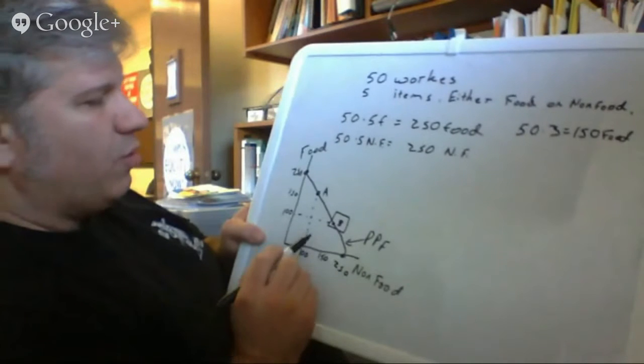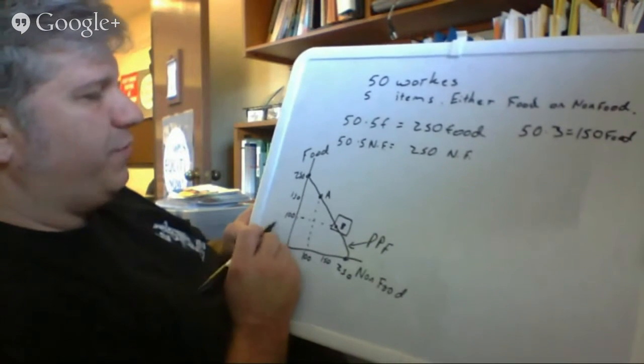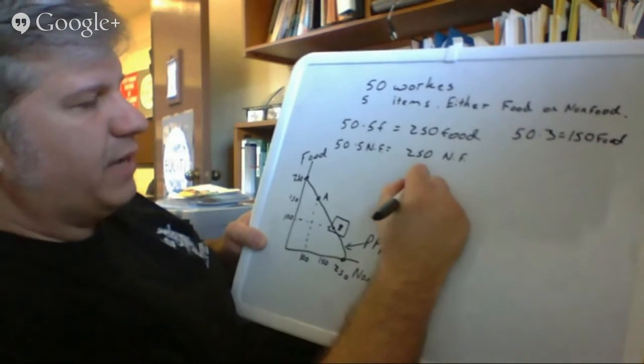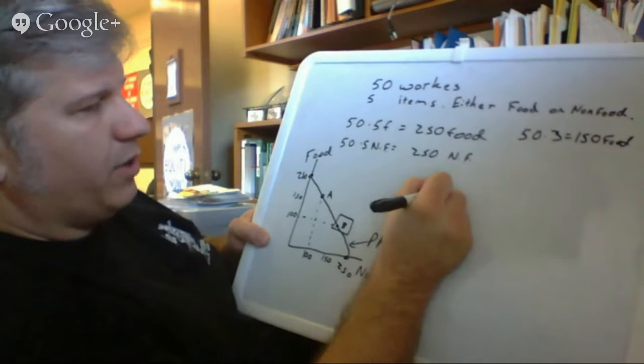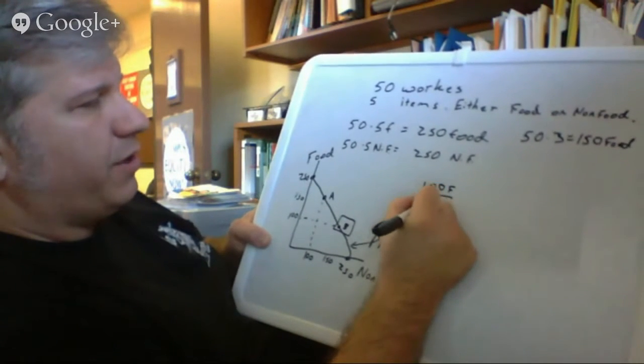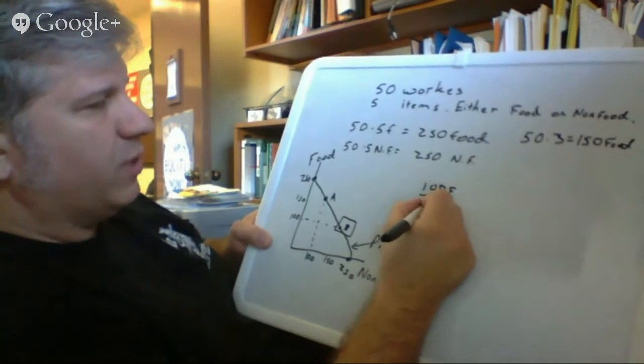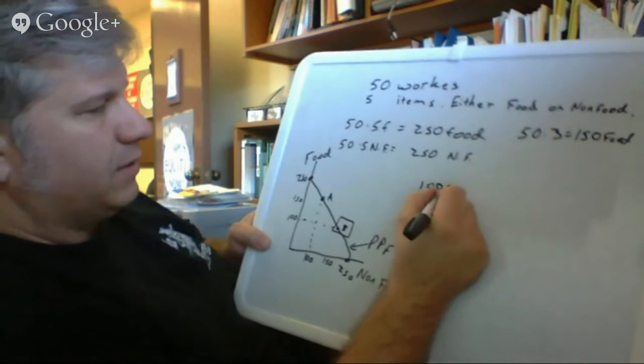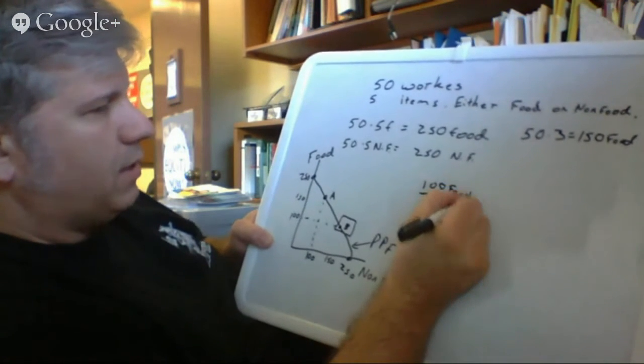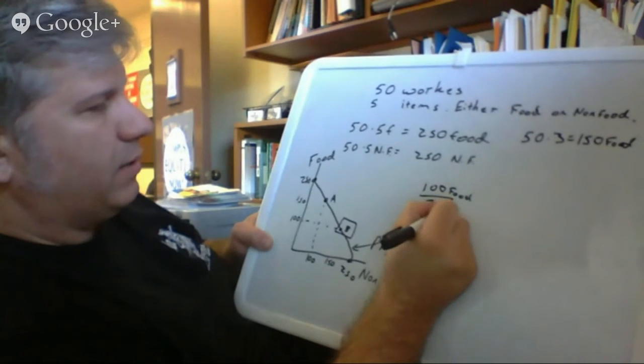Well, the idea is we know each worker needs 3 food items a day. So we take 100 food items, and we're going to divide by 3 food items. That's the number we need per worker.